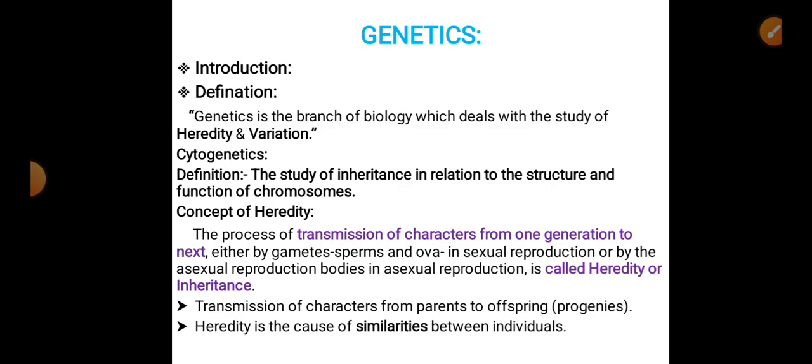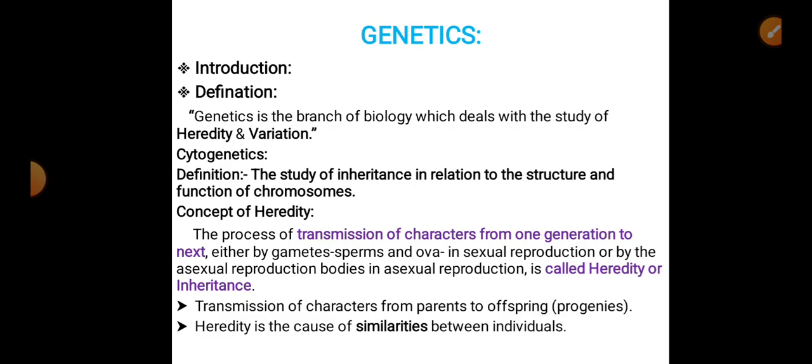Now, what is heredity? The process of transmission of characters from one generation to the next generation, either by the gametes, sperms, and ova in sexual reproduction, or by the asexual reproduction bodies in asexual reproduction, is called heredity or inheritance.